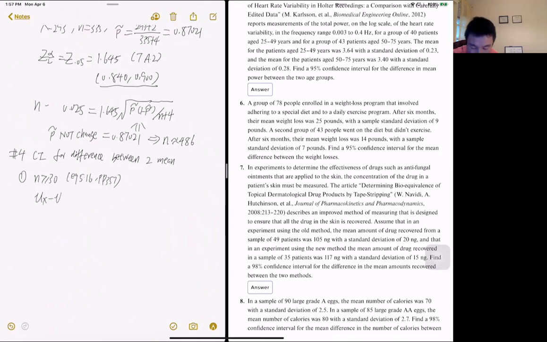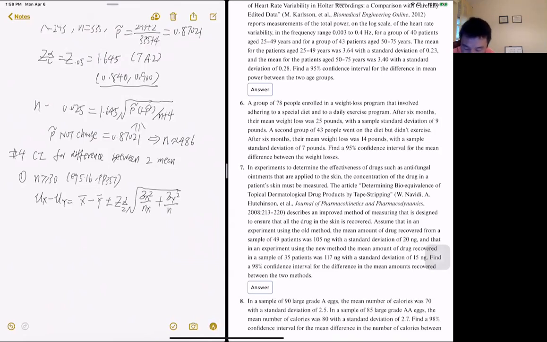The difference between two population means is equal to the sample mean for x minus the sample mean for y, plus minus the z value, z half alpha, times the square root of the variances. Sigma x is the population standard deviation, and sigma y is the standard deviation for the population y.